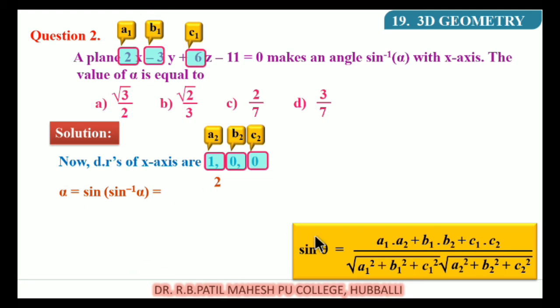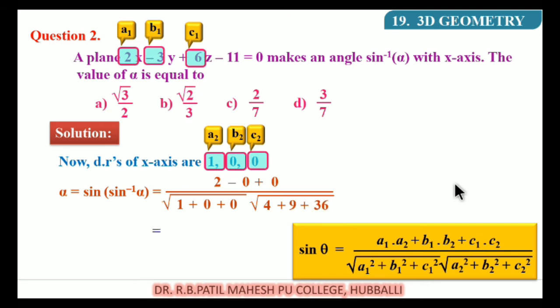So this will be equal to a1 a2 plus b1 b2 plus c1 c2, which means we write 2 into 1 is 2 and minus 3 into 0 is 0 plus 6 into 0 is 0, divided by square root of 1 square is 1 plus 0 square is 0 plus 0 square is 0, into square root of 2 square is 4 plus minus 3 whole square is 9 plus 6 square is 36.